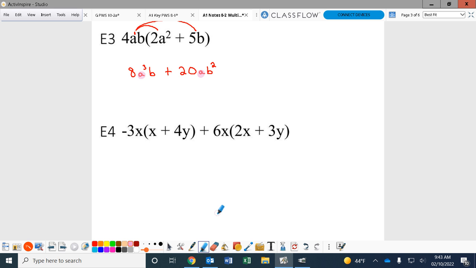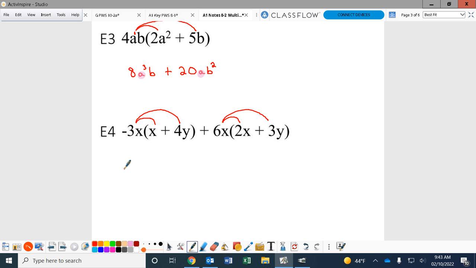Okay. Now the next one's going to combine both skills, guys. It's going to combine the distributing, then it's going to combine the adding, the stuff we did yesterday. Because it has distributive property first, we got to take care of that. You can't do any adding and subtracting until you multiply this across. So you got to take care of both distributive properties first. That's going to be negative 3x times x.